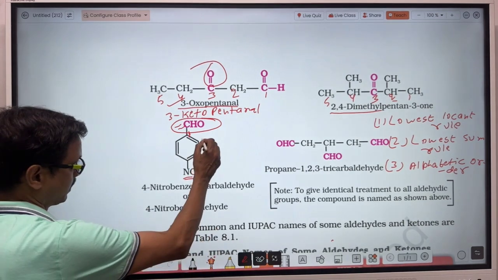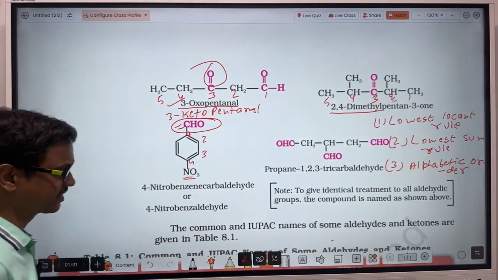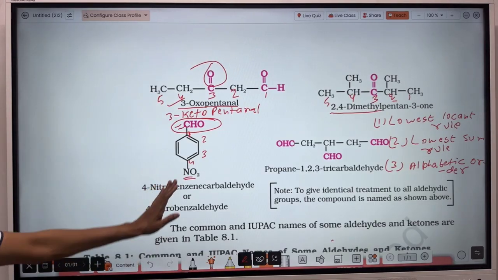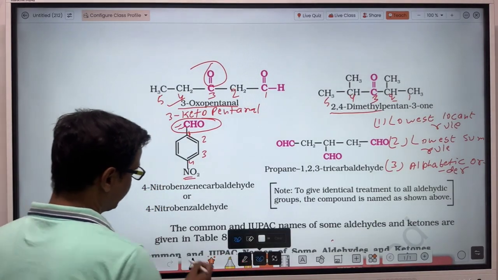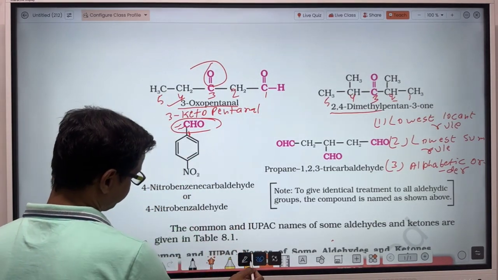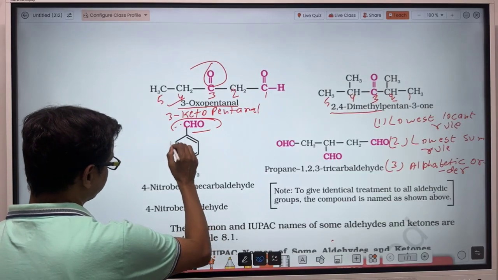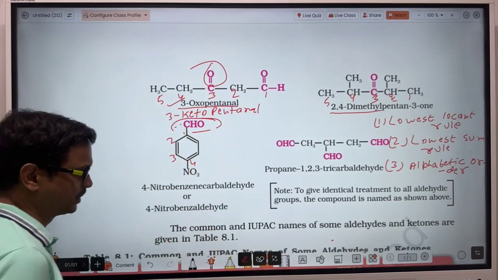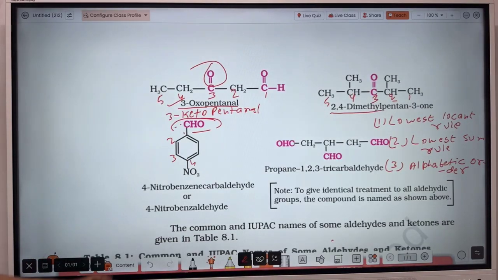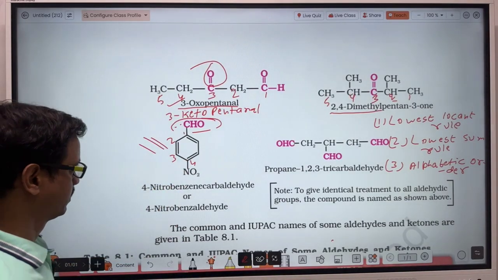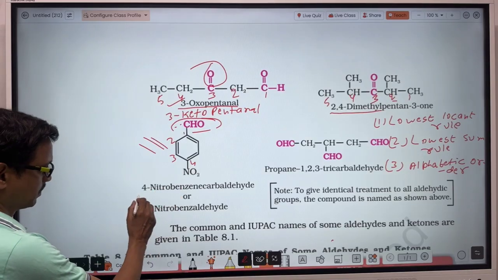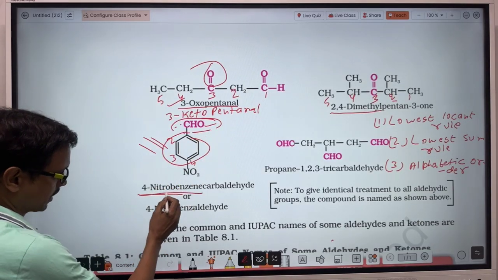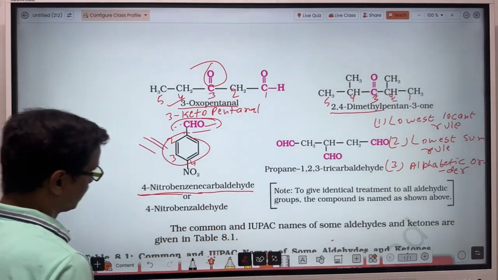So when you do the numbering in clockwise direction, NO2 gets fourth position, and when you do numbering in the anti-clockwise direction, then also the NO2 will get fourth position. So from any direction you can do the numbering. So at fourth position there is a nitro group, and then benzene and carbaldehyde. That's why it is written 4-nitrobenzene carbaldehyde.